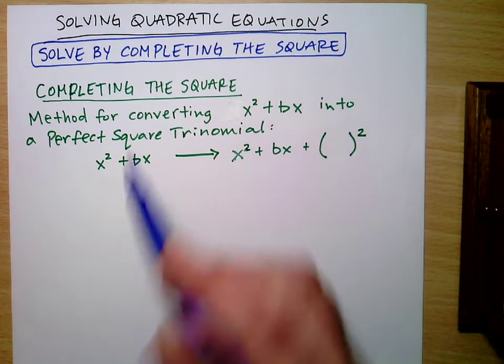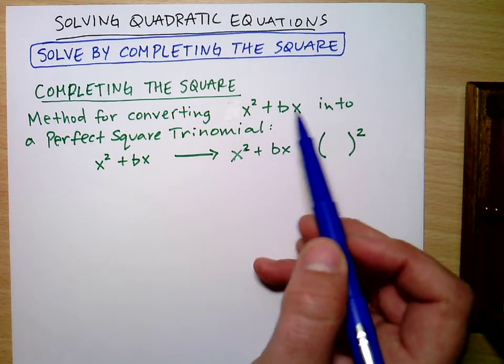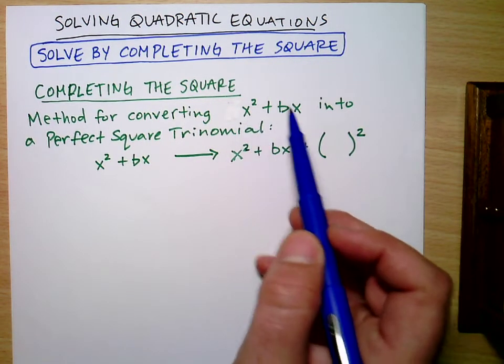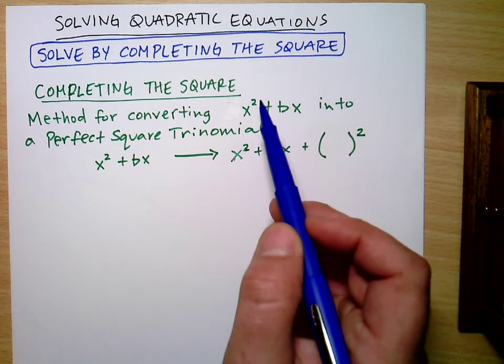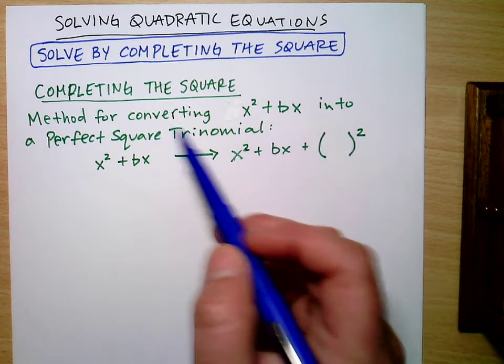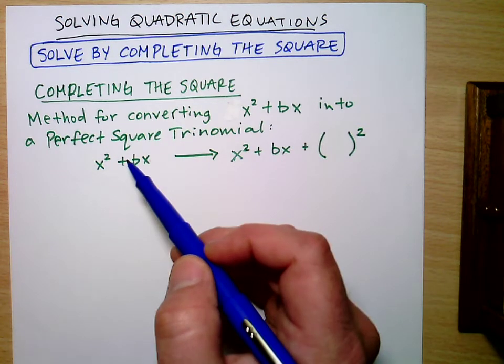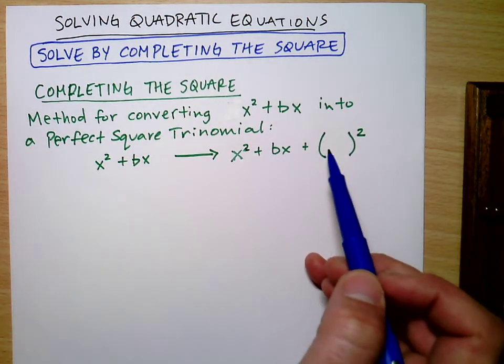Completing the square is a method for converting x squared plus bx, this binomial expression with a quadratic term and a linear term. X squared is quadratic, bx is linear, and we want to turn it into a perfect square trinomial. So I'm taking x squared plus bx, and making it x squared plus bx plus something squared.